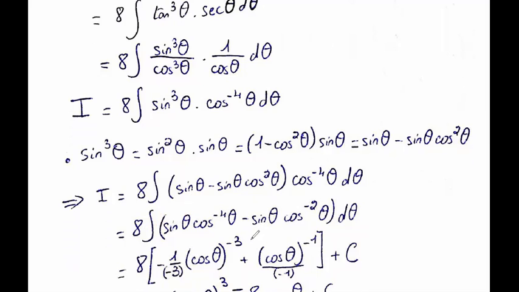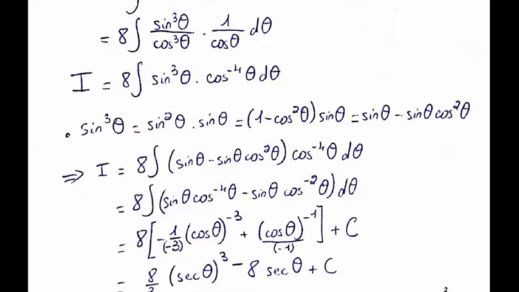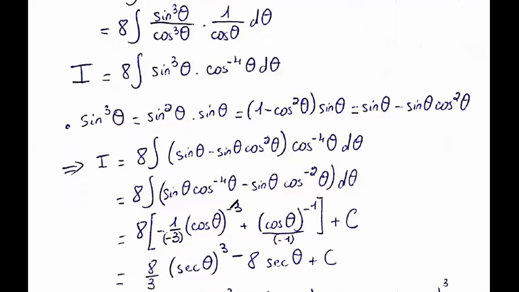Also here we will get a plus because we multiplied by minus 1, so it's plus cosine theta to the power minus 1 over minus 1, plus a constant c. Now cosine to a negative power, this means it's 1 over cosine cubed, so it's secant cubed, and this one is 1 over cosine, which is secant. So we get 8 over 3 secant cubed theta minus 8 secant theta plus a constant c.